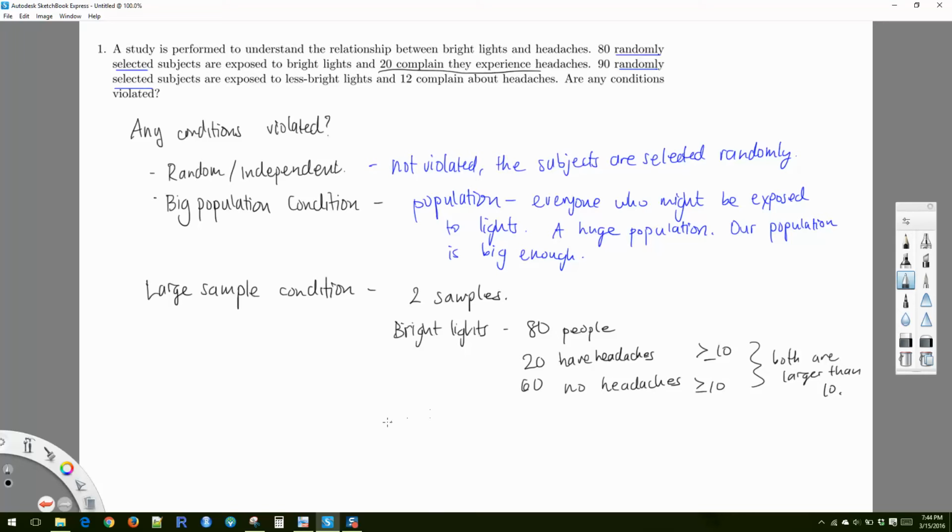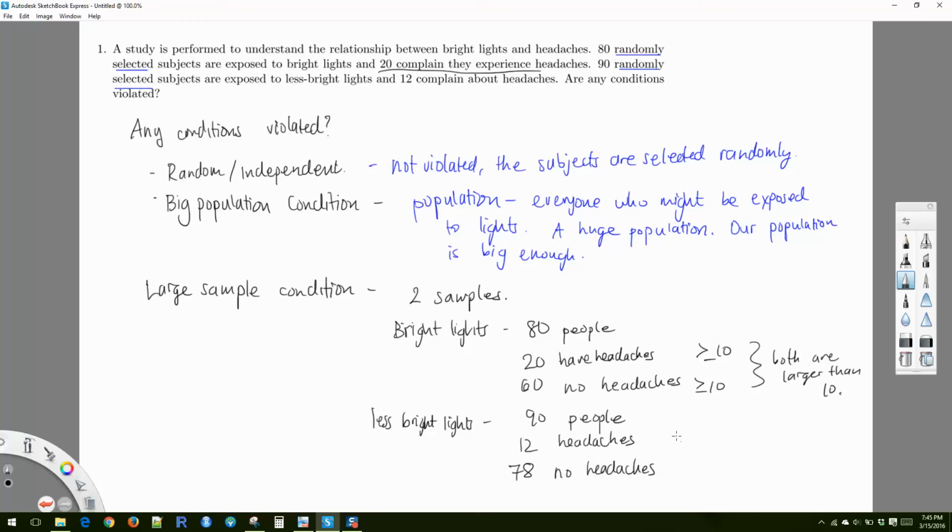Over here we have the less bright lights. We have a total of 90 people, and 12 have headaches, which means how many don't? 78 have no headaches.